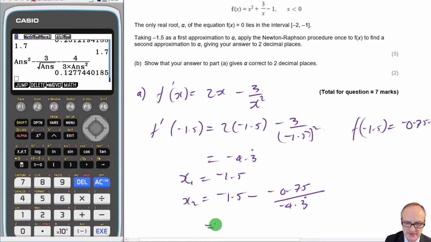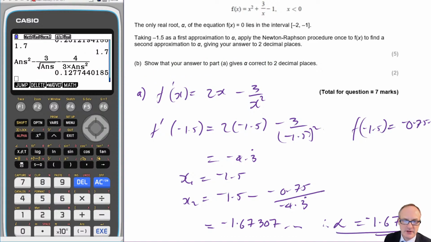And when we calculated all that, we get -1.67307, and so on. And we want to calculate it to 2 decimal places, so therefore alpha will equal -1.67.